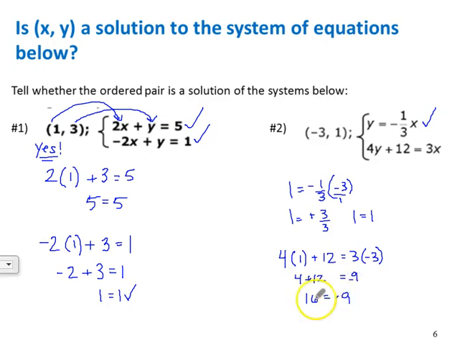So do these equal one another? No. So this one did not work. So this is not a solution. Negative 3, 1 is not a solution for our system of equations. So that's how we check if an ordered pair is a solution. You just plug those values right into both equations and see if it makes the equation true. I'm going to move on to the next slide, so if you need more time here, go ahead and click pause.